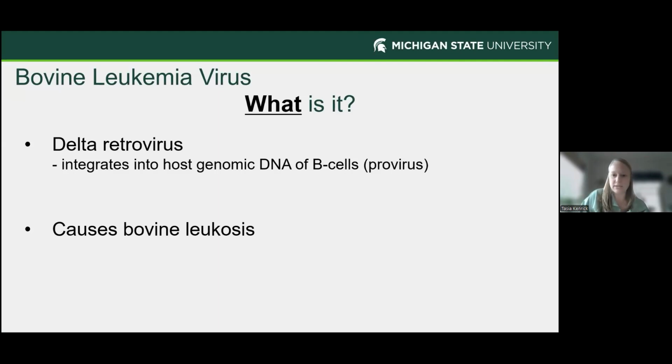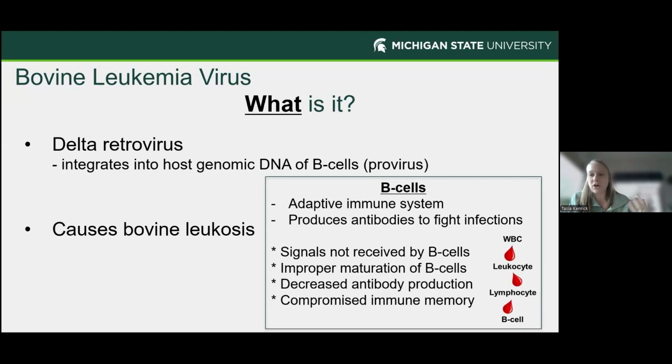And B cells are a cell within the blood. So this is a blood-borne virus, or blood-to-blood transferred virus. When the viral DNA integrates into the host DNA, then it is called a provirus. So you'll hear me talk about proviral loads a little bit later in this presentation. That's what I'm talking about. It's the virus when it's integrated into the cow or the host genome.